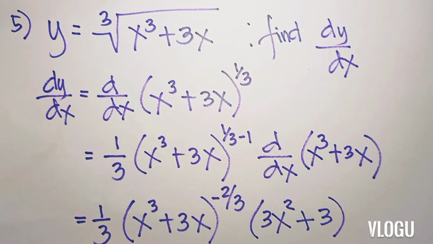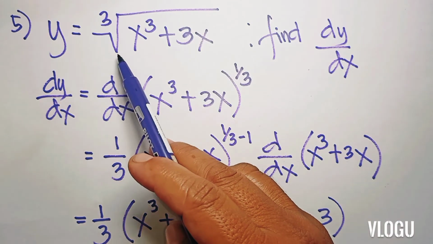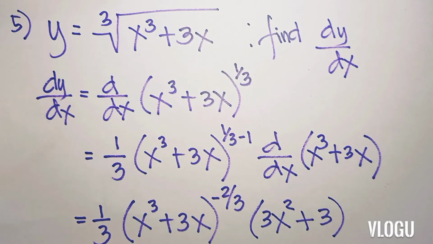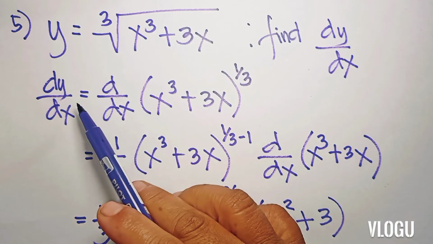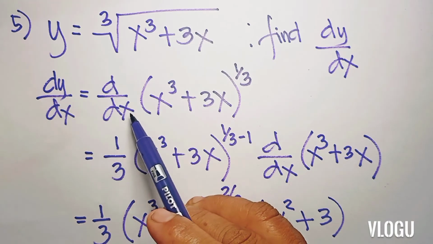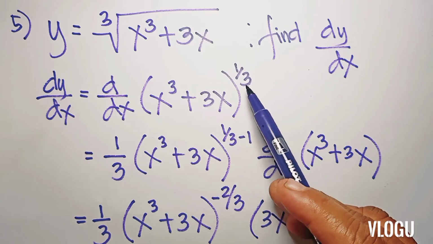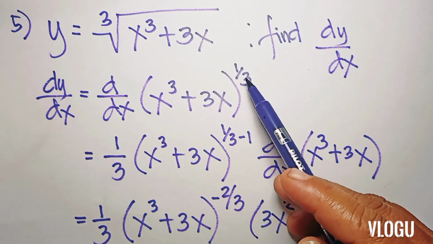Okay, example number 5, we are going to find the derivative of the cube root of x cubed plus 3x. So dy/dx is equal to d/dx of (x cubed plus 3x) cube root, that is raised to 1/3.